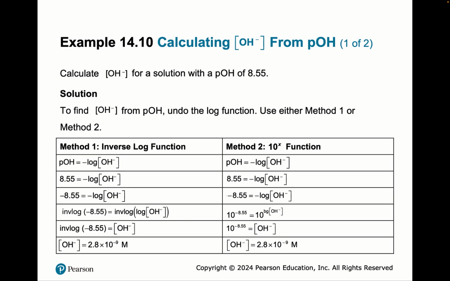So let's do the same thing with hydroxide ion concentration. What's the hydroxide ion concentration of a solution that has a pOH of 8.55? Same thing, either inverse log or 10 to the whatever, and you get 2.8 times 10 to the minus 9. And notice that the 8.55 pOH has 2 sig figs. The number to the left of the decimal point does not carry any sig figs.